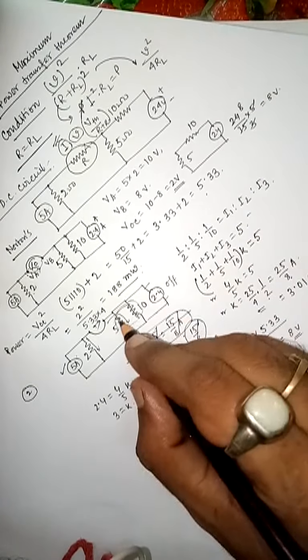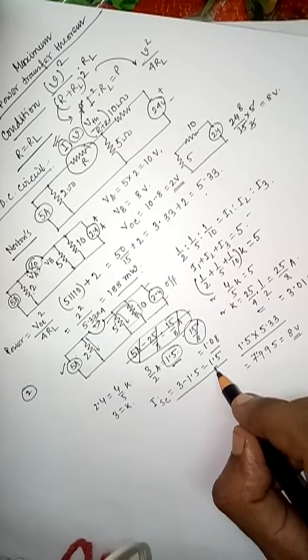So it is considering from this region actually. So the net current is this 1.5.